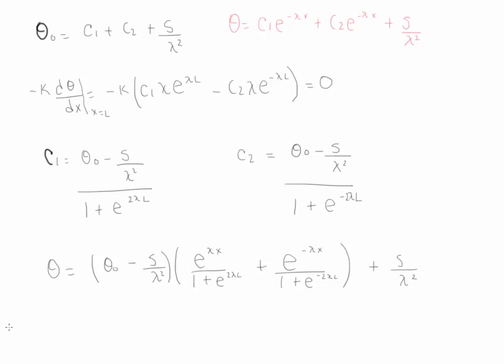Please make sure to go back and understand carefully the balance of energies that we have in order to obtain the differential equations, how to solve it, how to apply the boundary conditions, and how to get the value of theta or the temperature as a function of x.